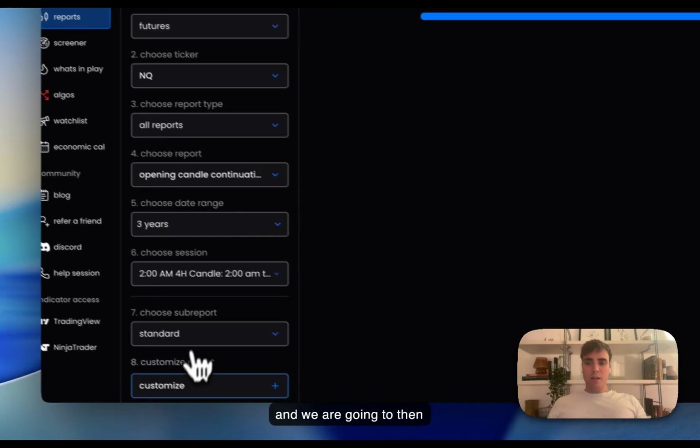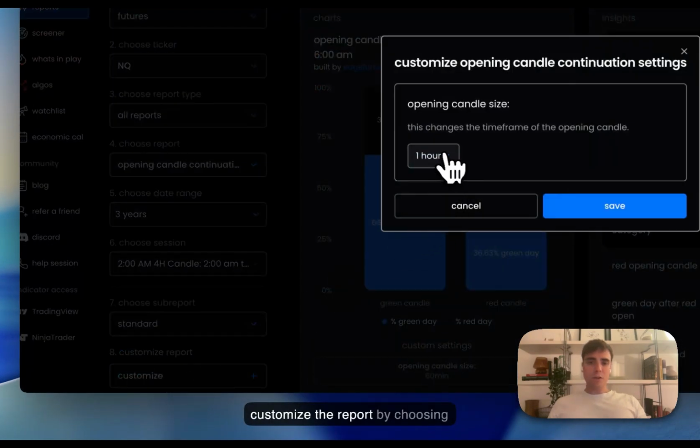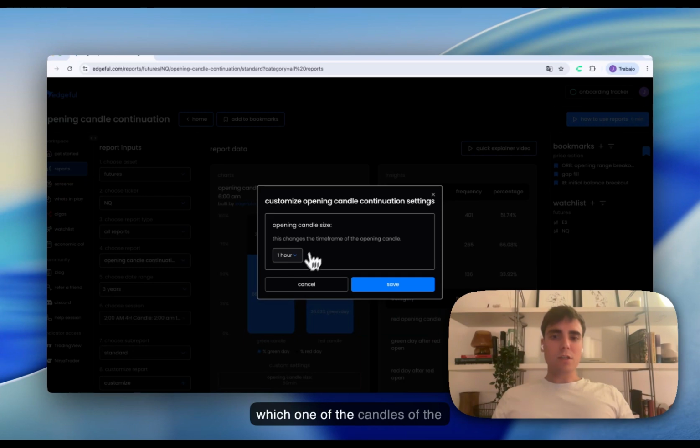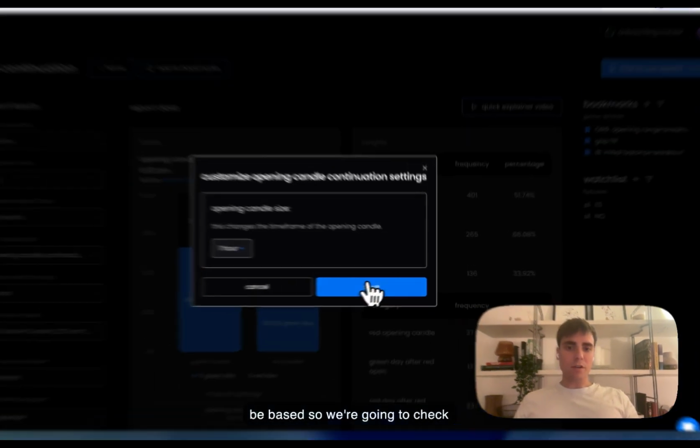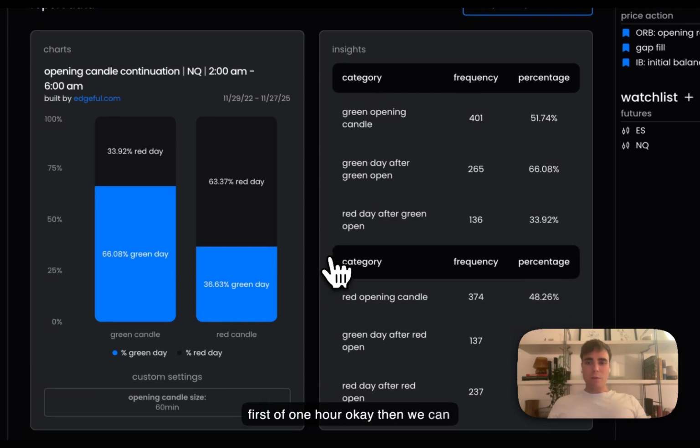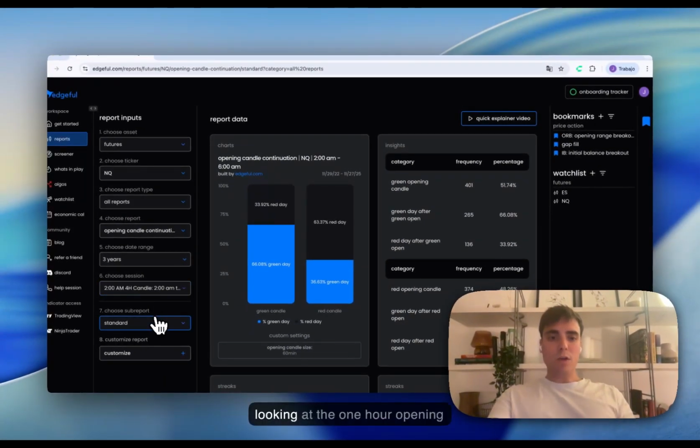Then we customize the report by choosing which of the opening candles the report is going to be based on. We check the 1 hour first. For the 2 a.m., looking at the 1 hour opening candle, we have a 66% probability that if the first 1 hour candle closes green, the whole 4 hour candle is going to close green.